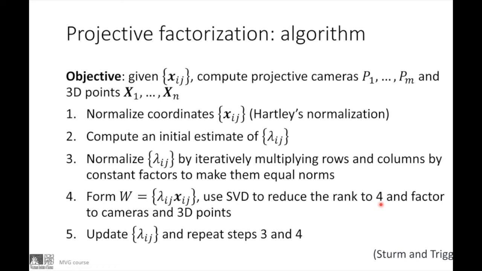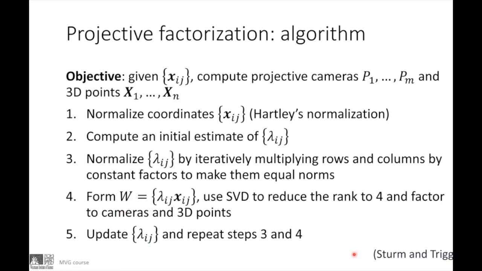As I said, it's up to a 4x4 ambiguity, but this 4x4 ambiguity just represents a global change of coordinate system. What I can do next is, once I did this reconstruction, I can re-estimate lambda ij and repeat steps 3 and 4, and this way improve my reconstruction.